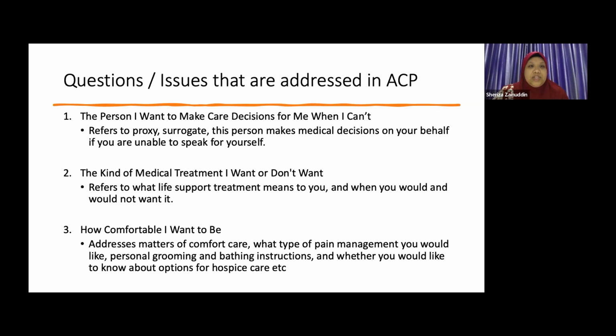The second question or issue would be the kind of medical treatment that the patient wants or does not want. This refers more to the patient's treatment options, life support treatment. What would they want and what would they not want during a period of illness? It can be when patients are admitted for infection.